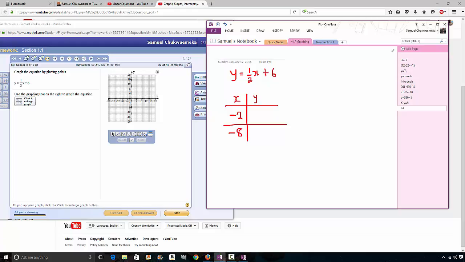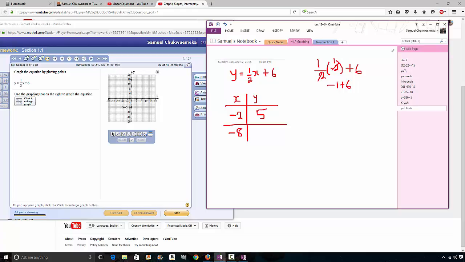So when x is -2, 1/2 times -2. And you must not use -2, okay? I just wanted to show you that you can use it. So 2 divided by -2 is -1. So -1 plus 6 will give you 5. So 5 is still within y, okay?